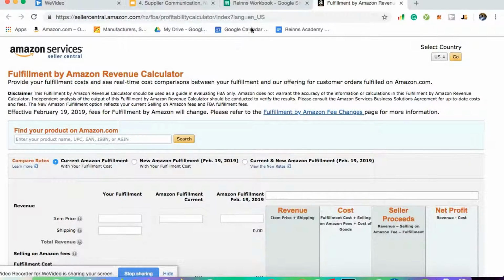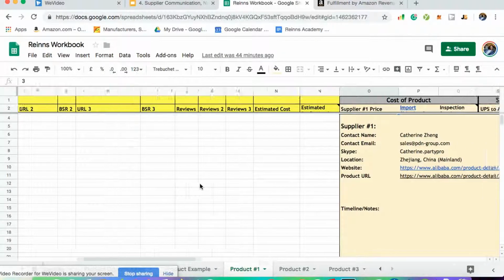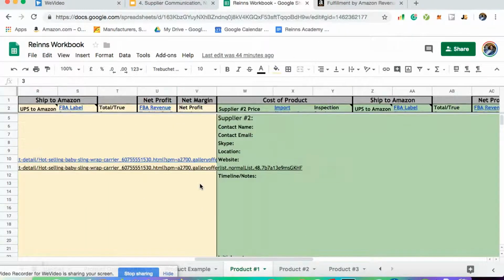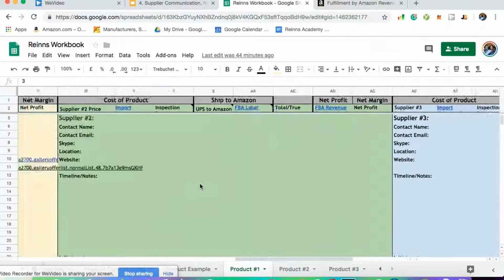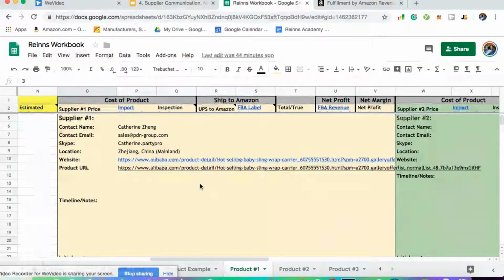So remember guys, this workbook is literally for you to be entering all your information. Okay, so what I'm going to show you in this lesson, you're going to do the same for that specific product for the different suppliers. Okay, we have supplier number one, supplier number two, supplier number three. Remember, the goal here is to find the right supplier who has the best figures, the best value, and you're going to understand how to select them just now.